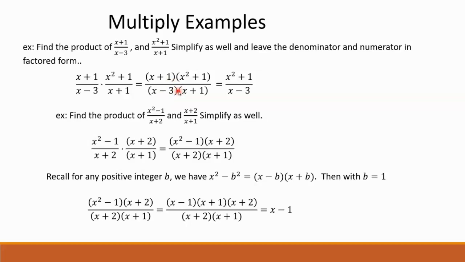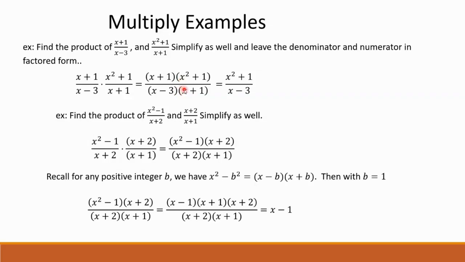Now, since we're actually simplifying, it's good to not FOIL yet. In other words, you really don't want to multiply the numerators and the denominators, you don't want to do polynomial multiplication, until the very end.